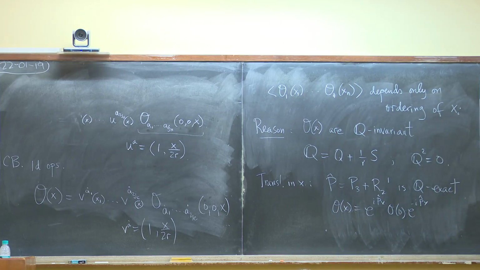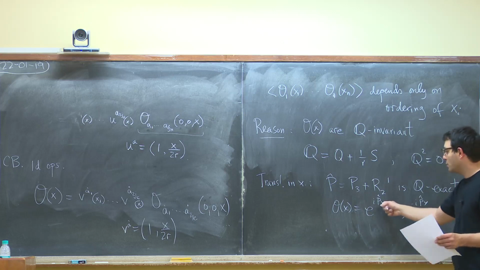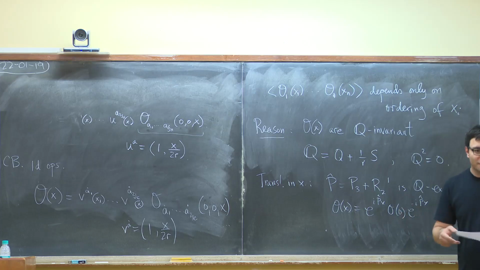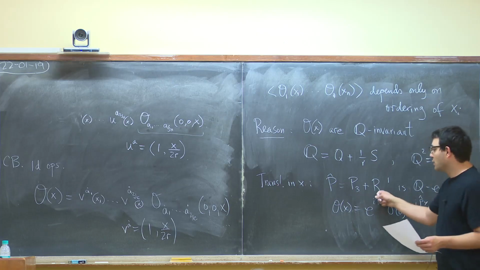Now, the second claim is that this operator translates x. The translation operator P always translates x. But it translates in this twisted way, right? Translates in that twisted way, yes, correct, because of the R symmetry.